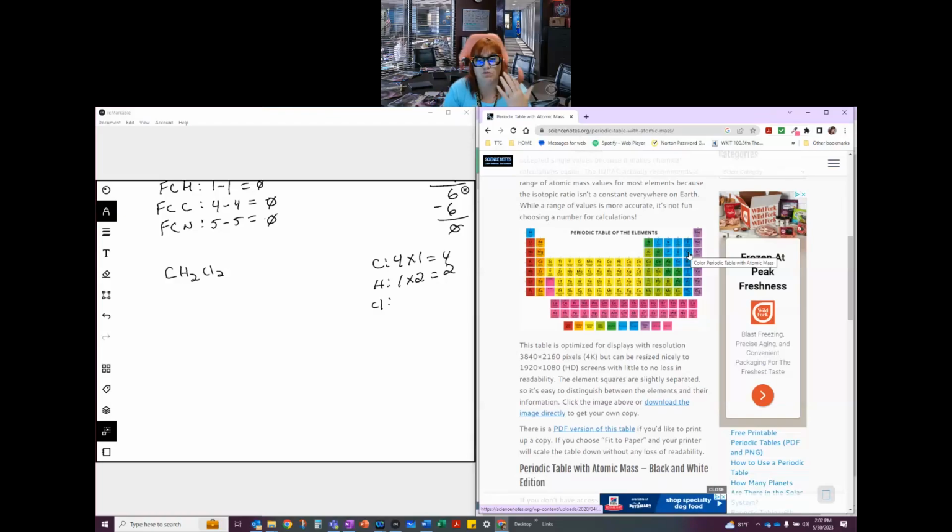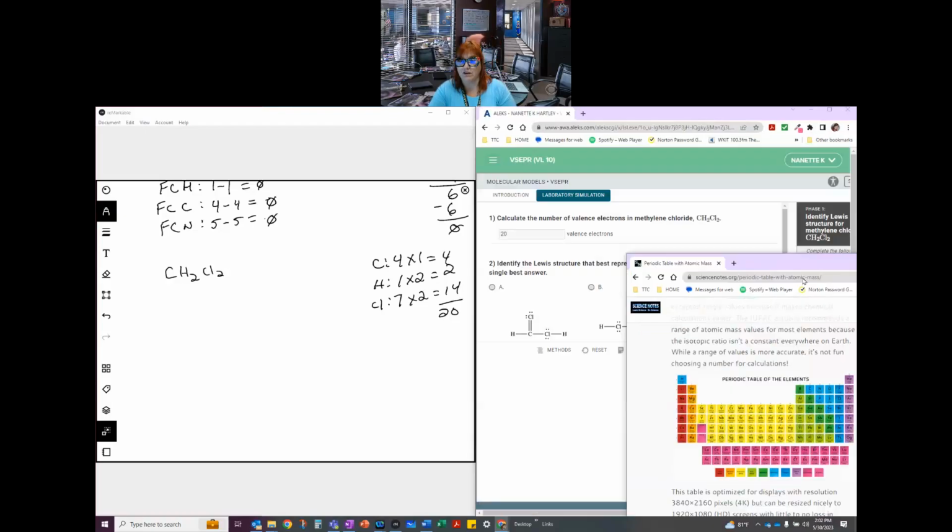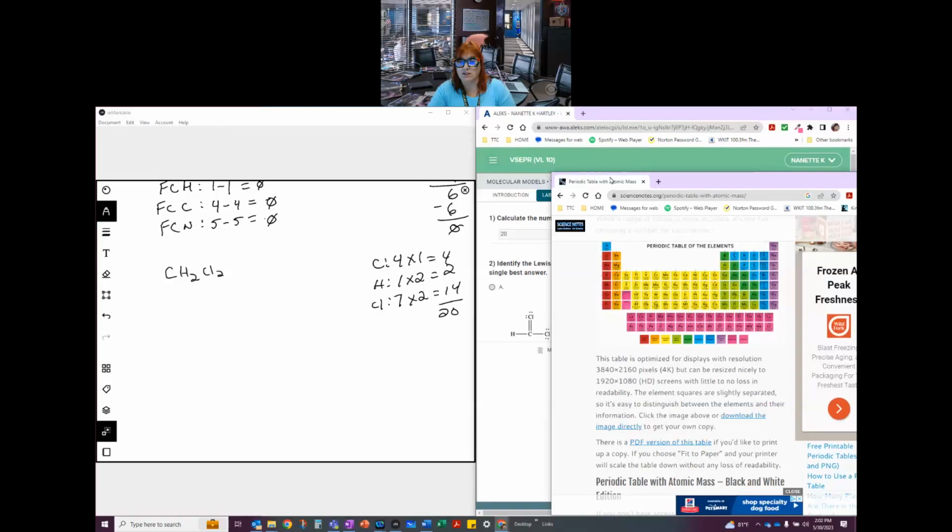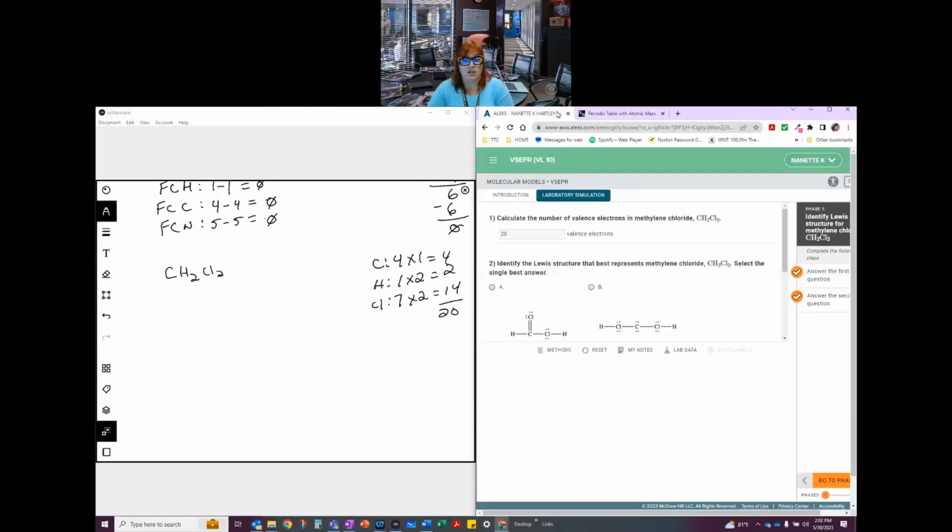So 3p5. So 5 p's, 2 in the s, it's a total of 7. And there are 2 of them, that gives me 14. That's my total of 20 that I have for this particular grouping that we want to look at. Okay, so that's where this 20 comes from.